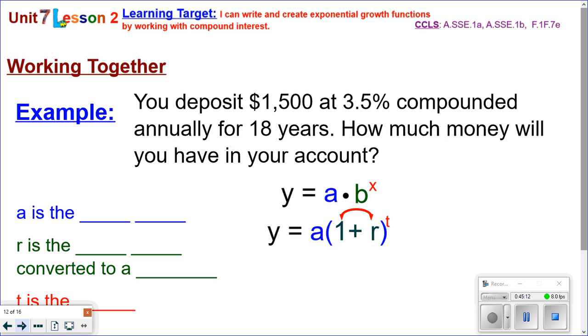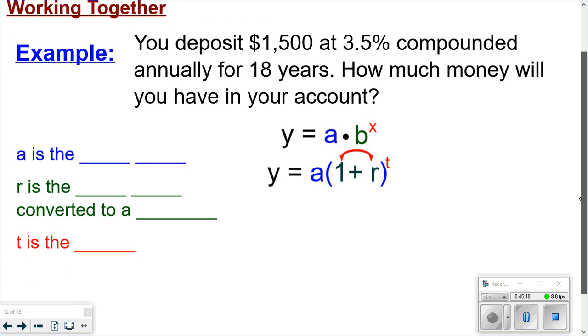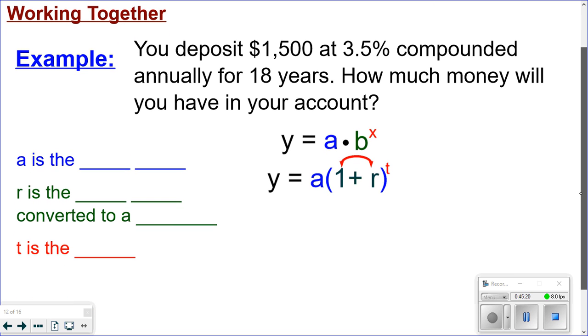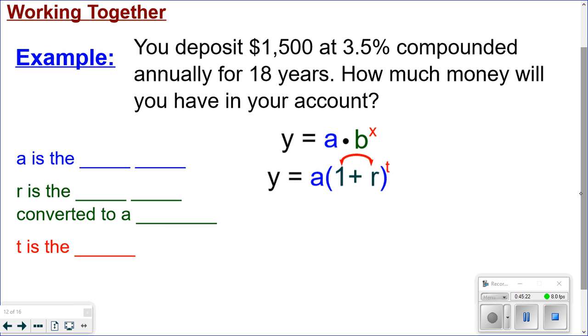Press pause now. So what I wanted you to do is fill in the blanks and then actually do the problem. This is an example, right? And we're going to work together on this. So what did you put in for A? That's the initial value. The initial value here is $1,500.